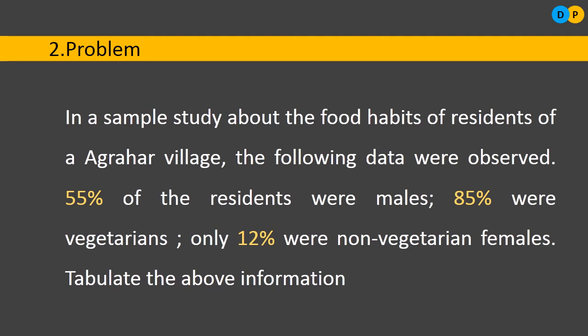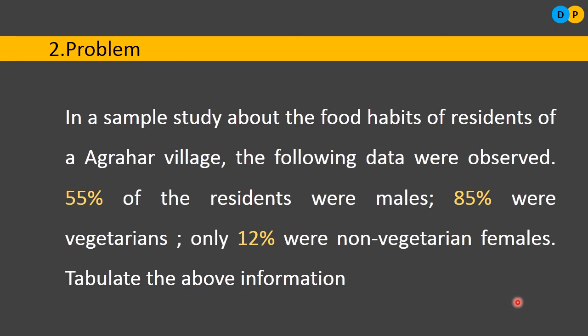Similarly, another piece of data: 85% were vegetarians, and only 12% were non-vegetarian females. Tabulate the above information. With this given problem, first and foremost we need to identify the characteristics.